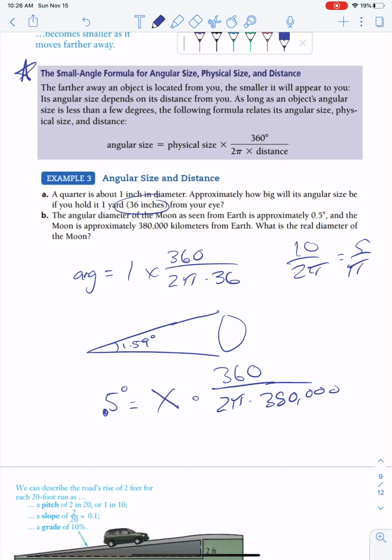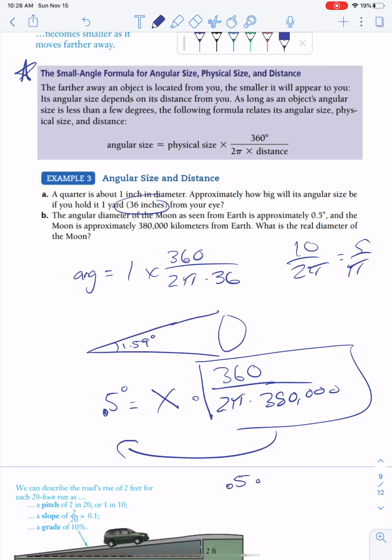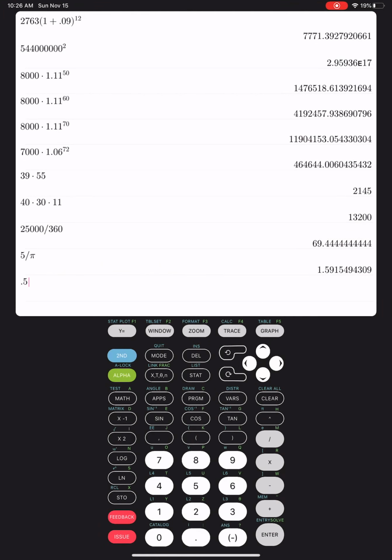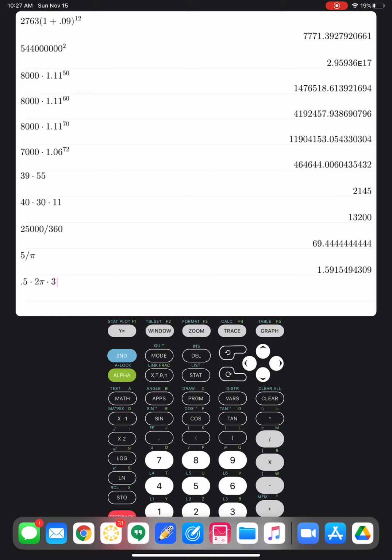So that means I've got to take this fraction right here and move it to the other side. Now, if you remember when you're dealing with fractions, I can multiply by the reciprocal. So all I need to do is 0.5 multiplied by this upside down, by 2 pi times 380,000, all divided by 360. So 0.5 multiplied by 2 times pi times 380,000.